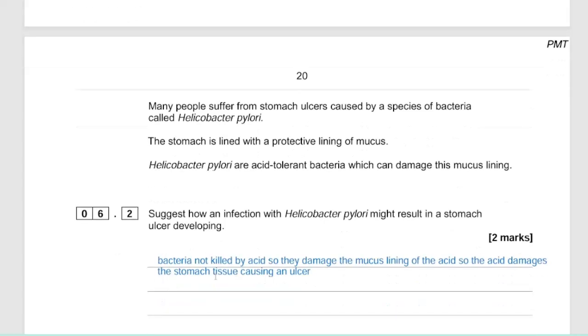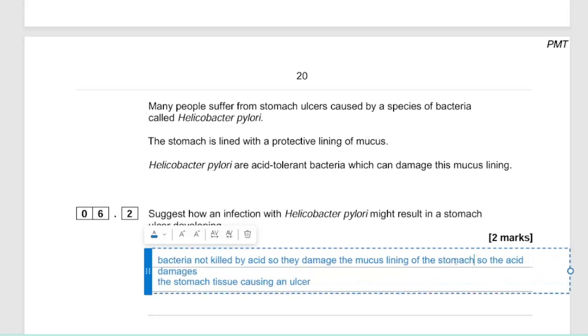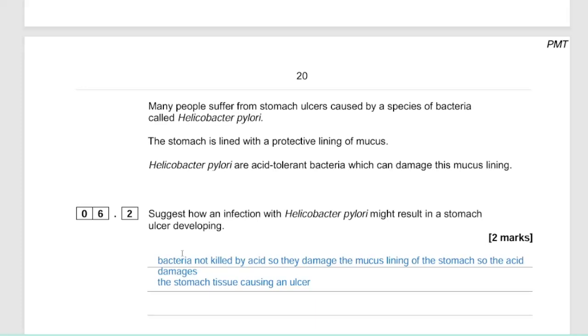The bacteria isn't killed by acid, so they damage the mucus lining of the stomach. So the acid damages the stomach tissue, causing an ulcer. So basically the bacteria survives in the acid, damaging the mucus lining, and then the stomach acid can reach the actual tissue in the stomach, causing significant damage and an ulcer.